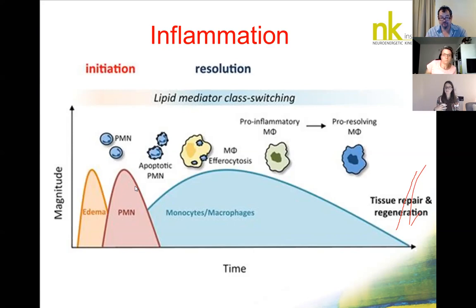Then after it's over, you would go into the resolving phase, where you resolve the inflammation and heal the tissue. And in this phase, they produce the anti-inflammatory cytokines and the resolvins, which are fatty acid-derived hormones.